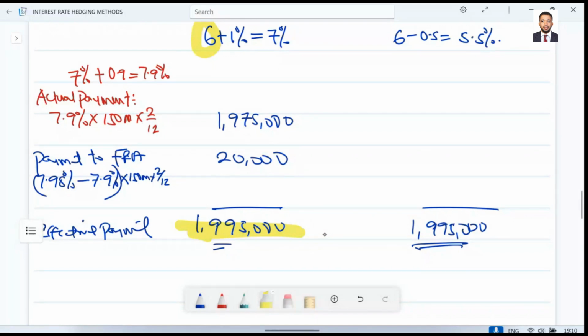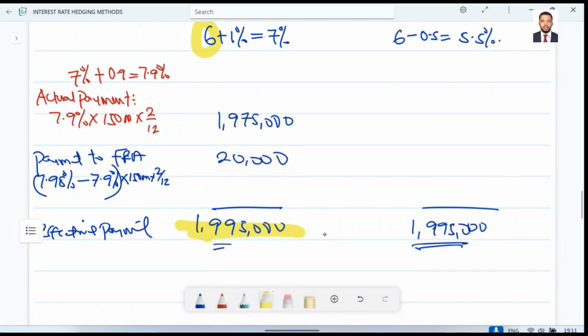The person will come and say the bank debited only 1.975 from your account, but we agreed you would pay 1,995. The difference, I will now pay to him. That is the payment to FRA.